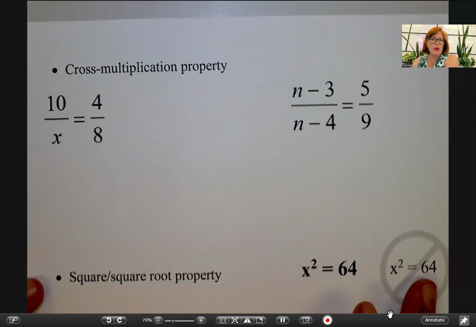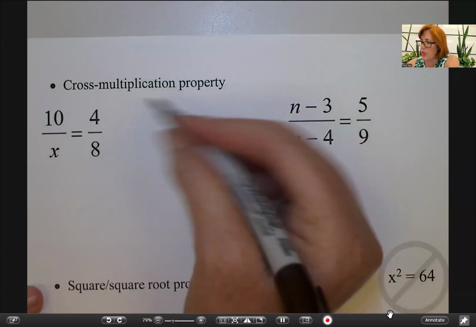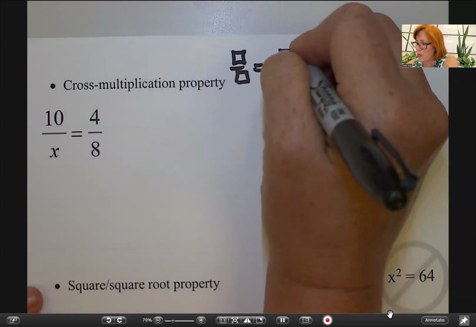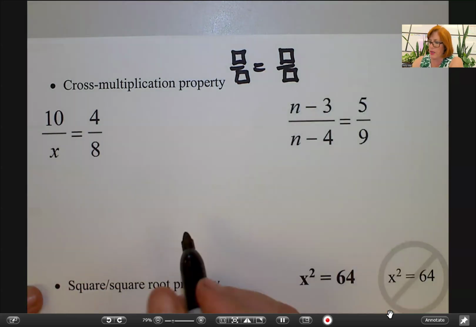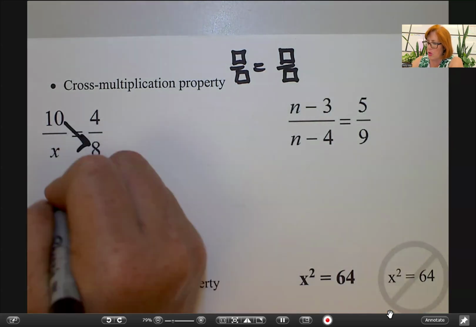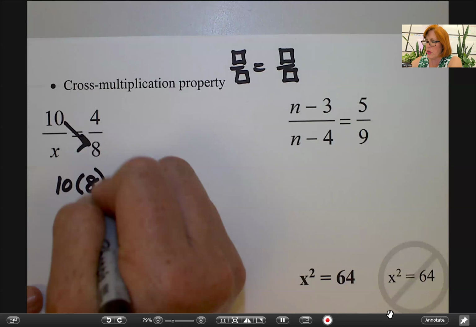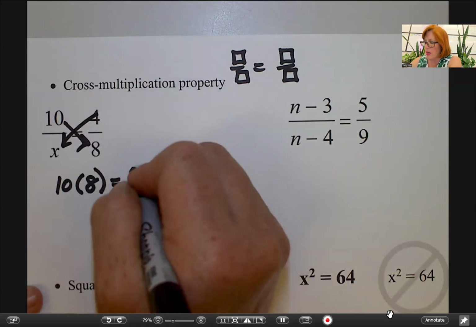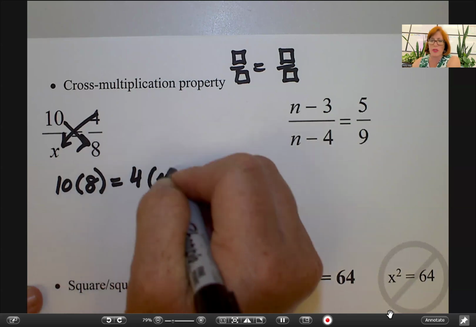Taking a look here, cross multiplication property is when you have 2 fractions across an equal sign. Looks like this. You can multiply across the equal sign. You may not cancel across an equal sign.